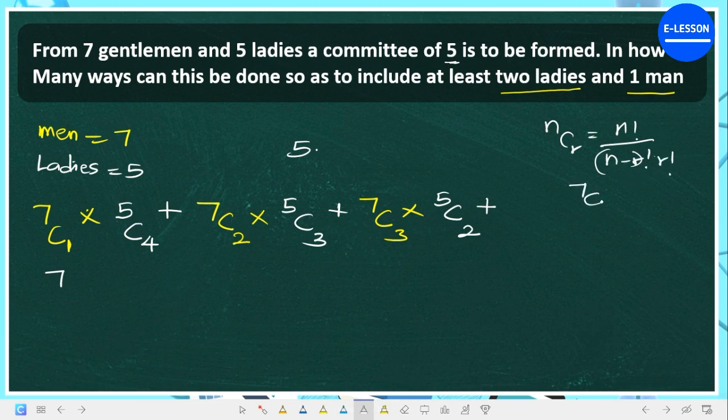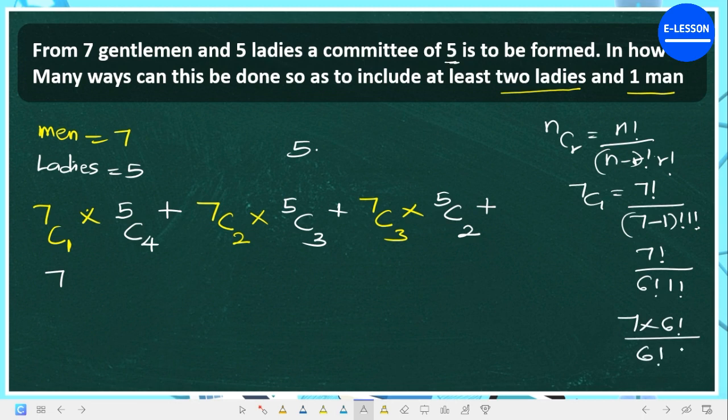So if I have 7 combination 1, it means 7 factorial all over 7 minus 1 factorial, because r is 1, then r is 1 again, 1 factorial. That is 7 factorial all over 7 minus 1, which is 6, so we have 6 factorial times 1 factorial. Of course, you know 7 factorial is 7 times 6 factorial, divided by 6 factorial times 1 factorial, which is 1. So when 6 cancels 6, you are left with 7. That was how we got this.